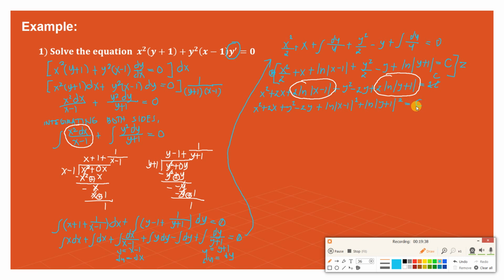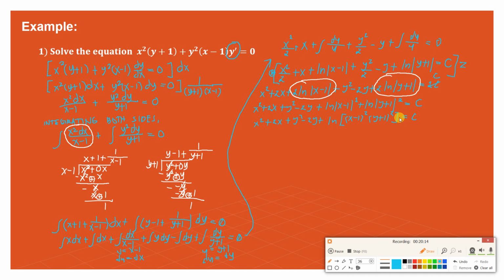Still constant. Tapos, i-apply natin yung law ng logarithm. So, we have x squared plus 2x plus y squared minus 2y. Again, adding logarithm, multiplication. So, ln of x minus 1 squared times y plus 1 squared equals to c.